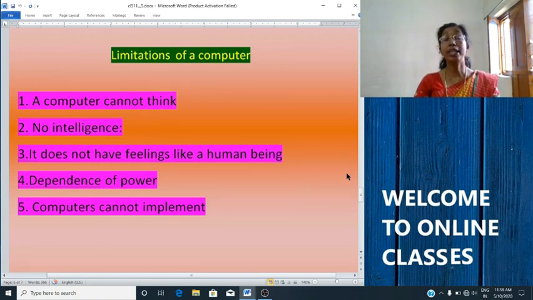And the next point is computers cannot implement any policies. We know that even though computers are helpful in storing data, it has all the information, huge amount of data, encyclopedia, everything is there. Yet only humans can decide and implement the policies. So computer is just a device, just a machine.